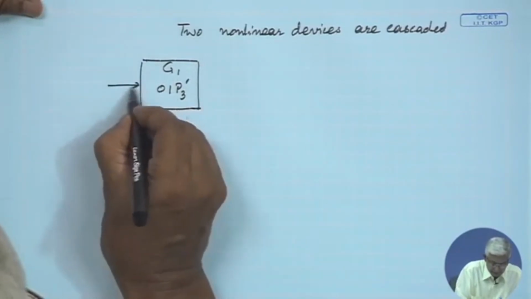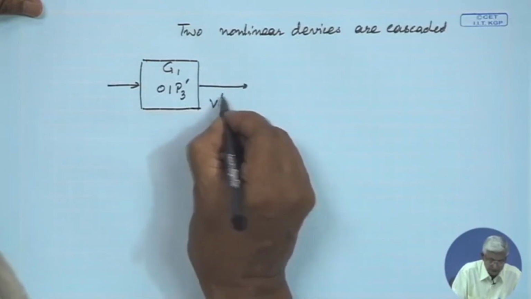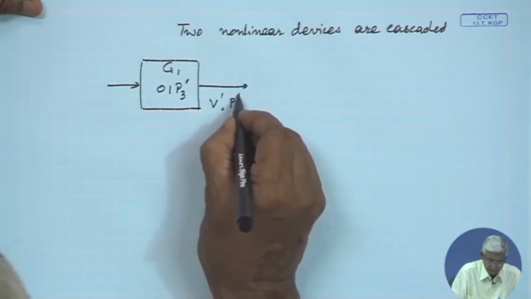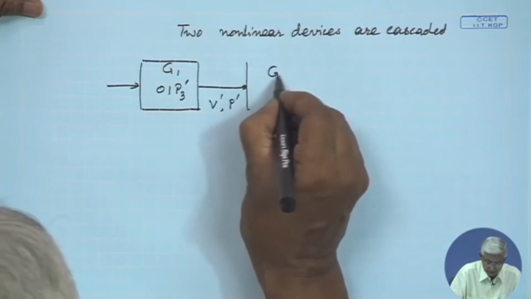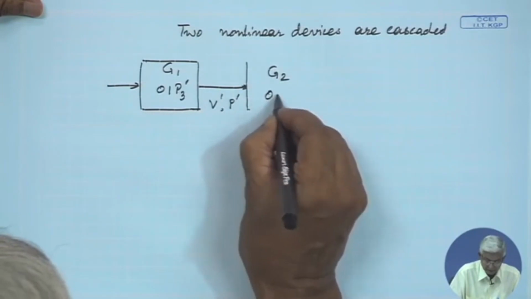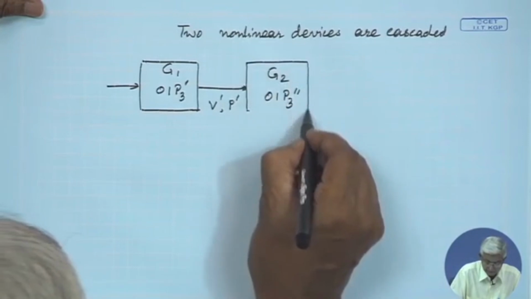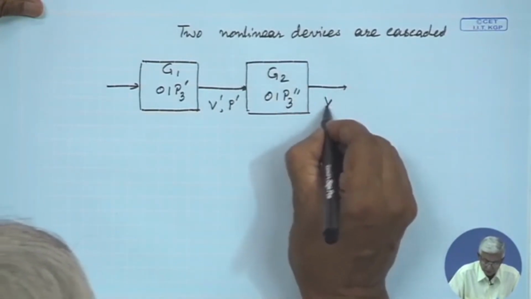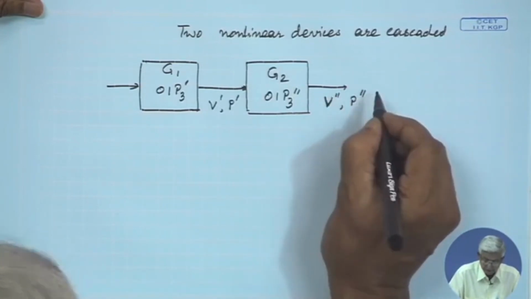And there is the input to this. This output will have a certain voltage, we will call V prime, with some power P prime, and this is going to the second stage which has a gain G2. G1 and G2 are power gains. OIP3 double prime I put for the second stage. So, the output of that will be V double prime, in terms of power it will be P double prime.